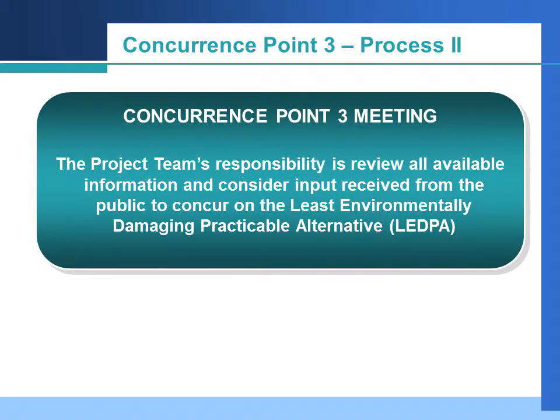The Concurrence Point 3 meeting for Process 2 is the same as for Process 1. Again, the agency should come to the meeting prepared and ready to make a decision. NCDOT will identify a preferred alternative that is a result of the post-hearing meeting. However, the LEDPA, if different from NCDOT's initially preferred alternative, will become the preferred alternative upon concurrence.